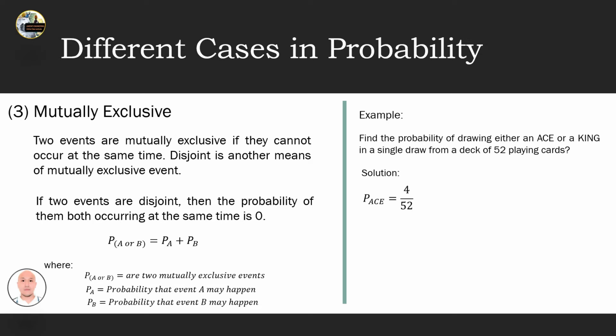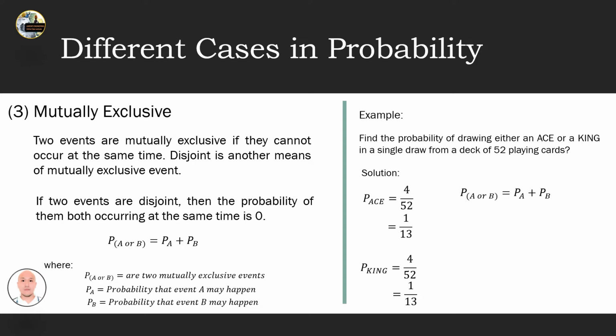Here, the probability of an ace is 4 over 52, meaning you have a deck of 52 and there are 4 aces, which is equal to 1 over 13. The probability of a king is also 4 over 52 cards, which is also equal to 1 over 13.